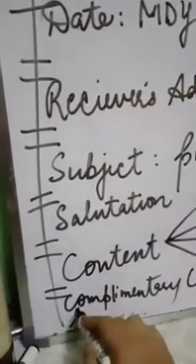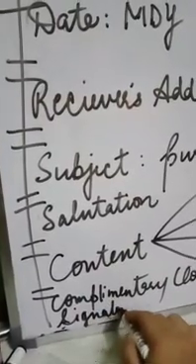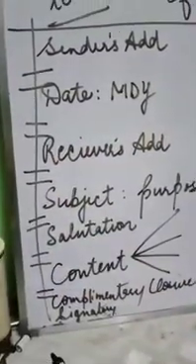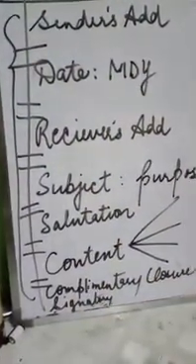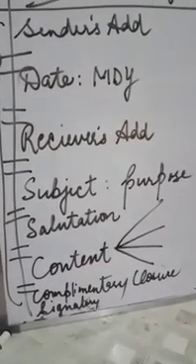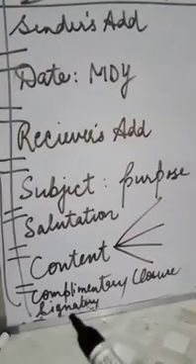After the closure, the signatory. So that's the head-to-toe format. The synchronization, the series in which it is arranged, is included in 1 mark. If you write everything appropriately, you will be marked 1.